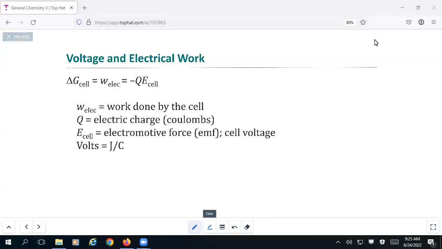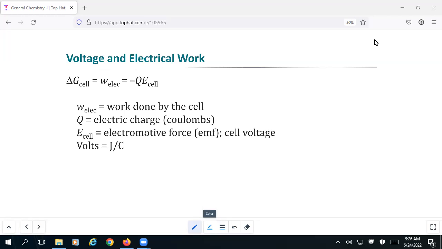So we're beginning our work today by starting to integrate some of those thermodynamic concepts into electrochemistry. Yesterday was almost exclusively about the reactions themselves and the electrical energy that they produce.